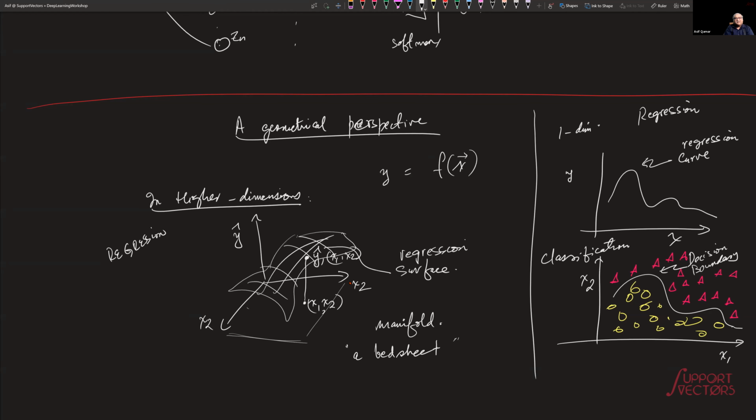A bed sheet can be crumpled and take all sorts of peculiar shapes. But it has the following properties. It is obviously a bed sheet without tears or discontinuities.